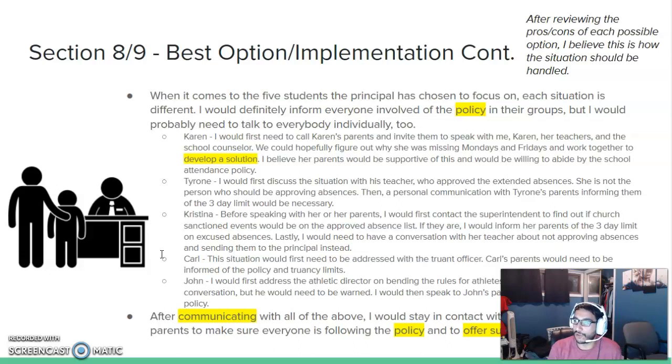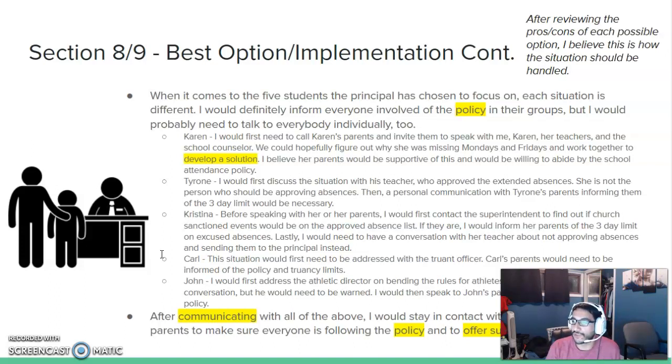For Karen, I would first call Karen's parents and communicate with them, with the school counselor and her teachers, and then we could figure out why she has been missing those days, which is Monday and Friday. We would hopefully work on a solution, and hopefully the parents would be supportive, and we could figure out whatever is going on in her situation.